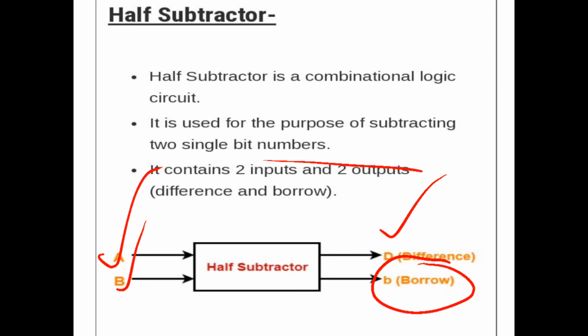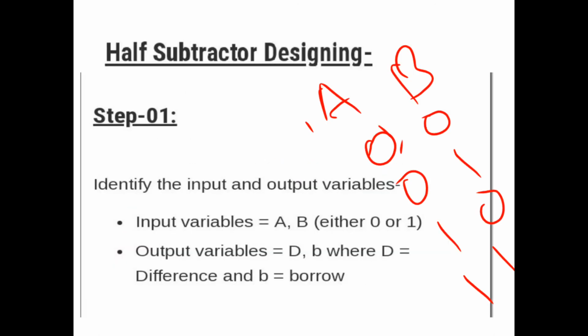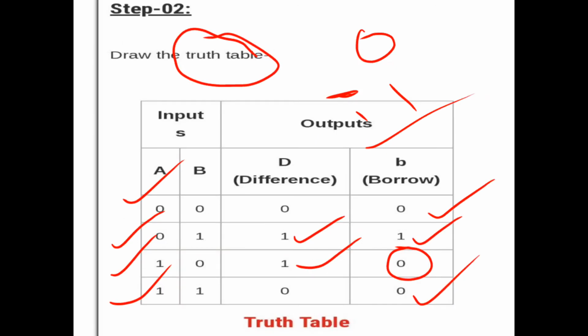It utilizes two inputs and generates two outputs. This truth table we should learn: for all the four possible combinations of the two identified inputs, A and B, what will be the difference and what will be the borrow value.